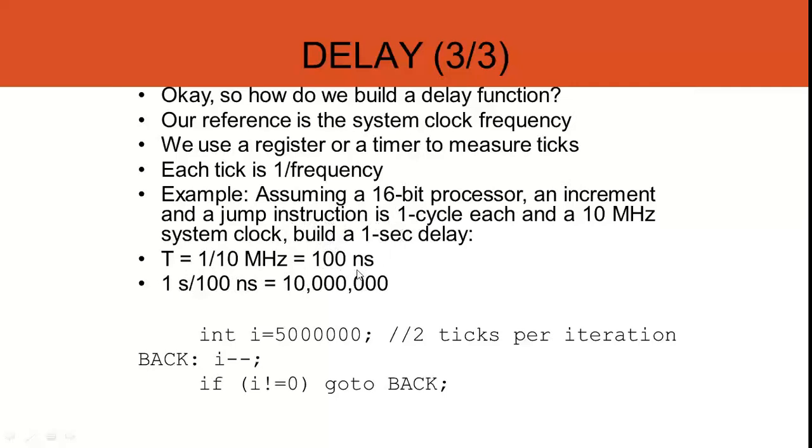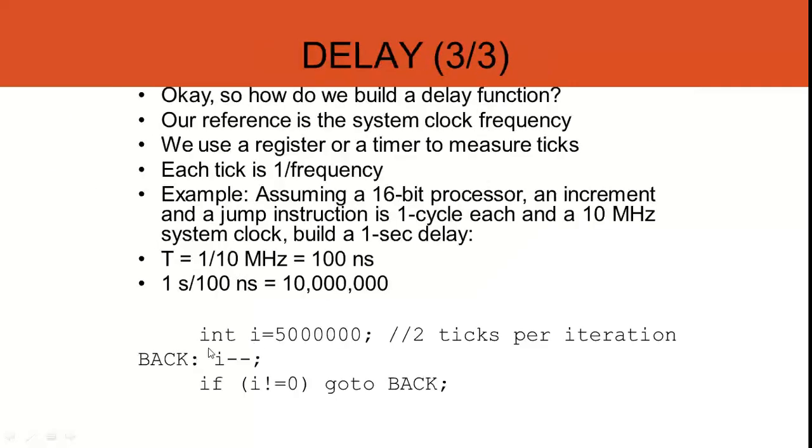So each instruction will consume 100 nanoseconds to execute. Which means, in order to have a delay of 1 second, how many time periods do we need? That is 1 second divided by 100 nanoseconds, and this is equal to 1 crore.